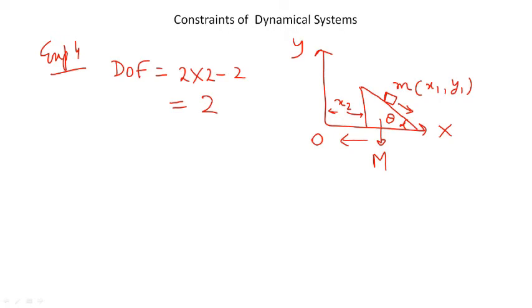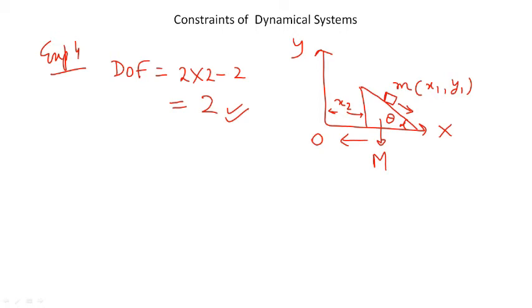Similarly, as the block of mass small m moves in the downward direction, your x2 is also changing, so it is also a dependent coordinate. So here the number of particles is 2 and the restrictions are 2, so the degree of freedom will be 2. All these problems are related to holonomic constraints.